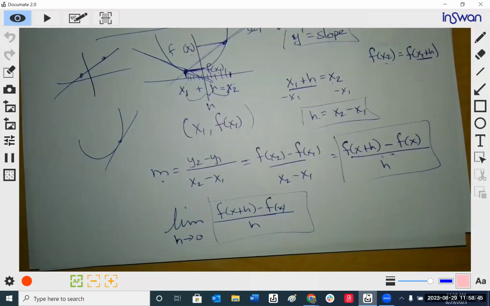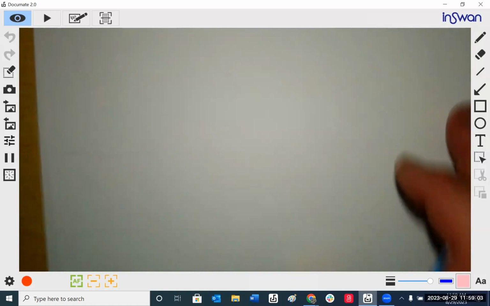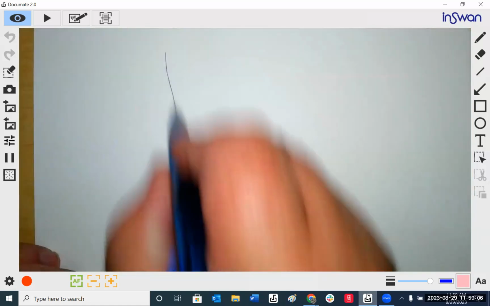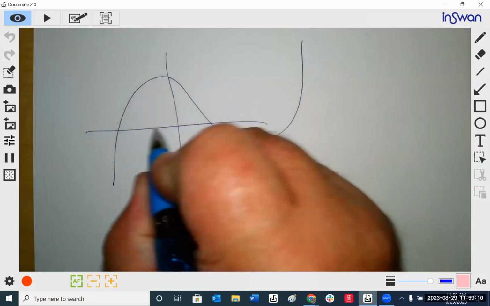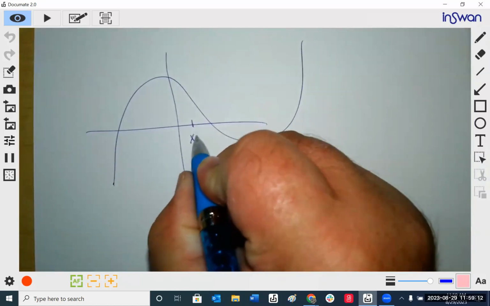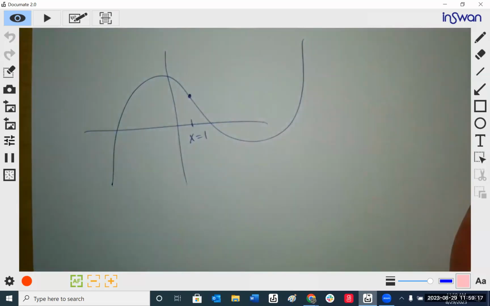Well, again, it's all algebra. Calculus is nothing more than turbo algebra. It just does algebra stuff much faster. What we're looking for is this. If I have a curve, I don't care what the curve looks like. It could be a cubic function. Say at x equals 1, what is the slope of the curve at that point?